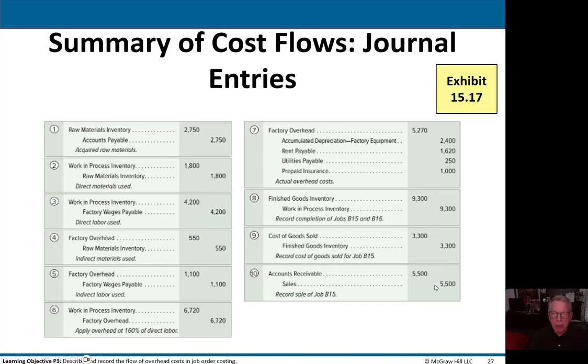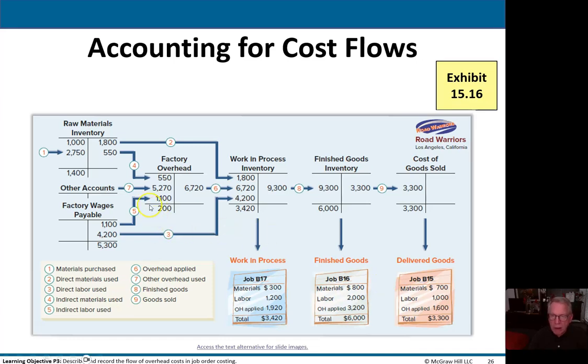I think that's a pretty good summary of the cost flow journal entries. And of course, in this particular example, we also had to do the debit to cost of goods sold and a credit to factory overhead to zero out that factory overhead. Of course, that does not go to the jobs. So our jobs are under costed a little bit by $200.